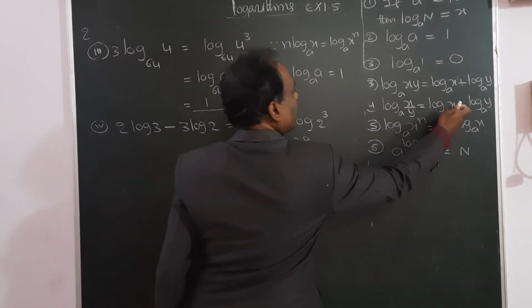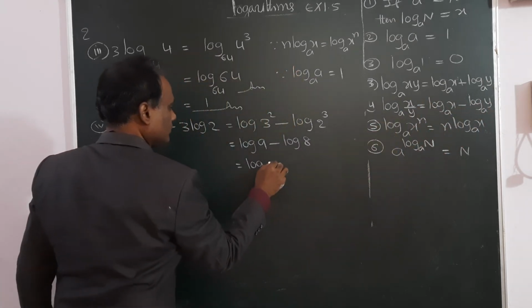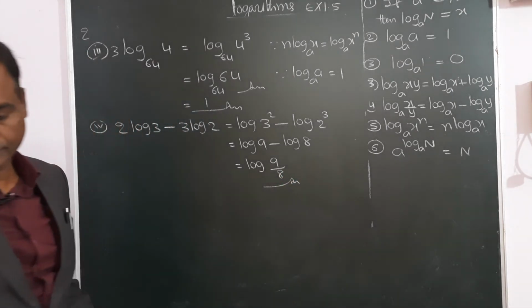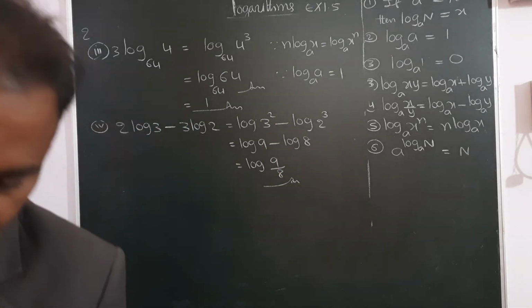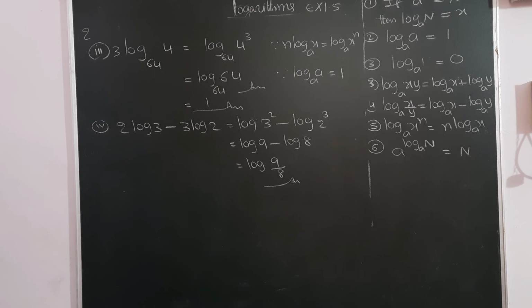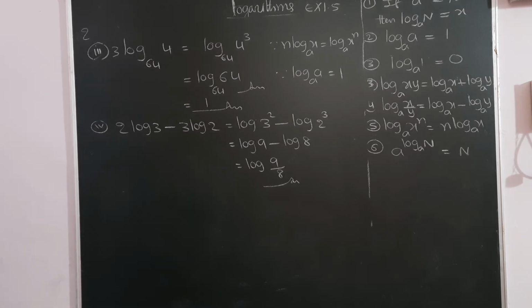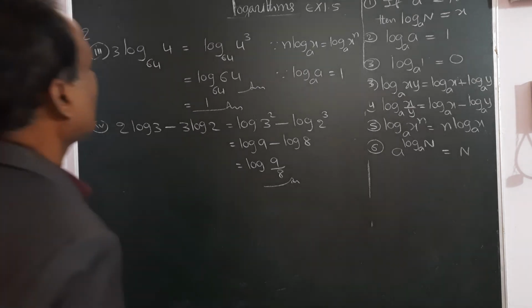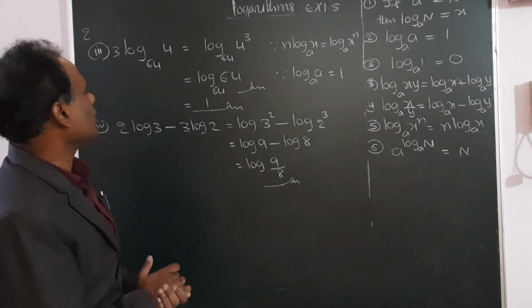Log A minus log B, log A by B. Leave it. Write down. We can't simplify this further, so we have to leave it.